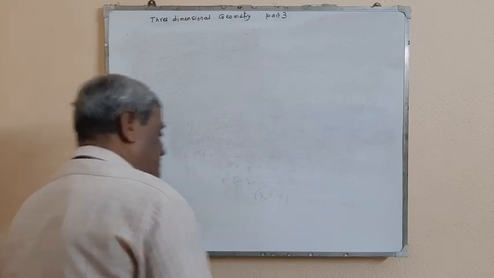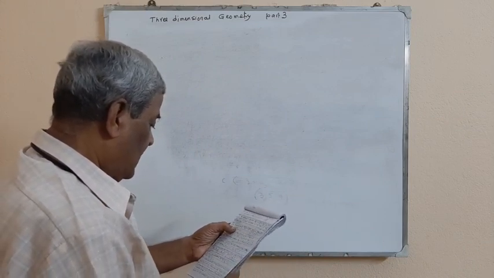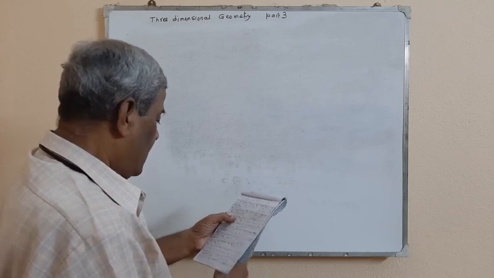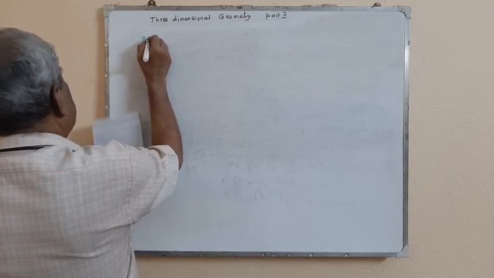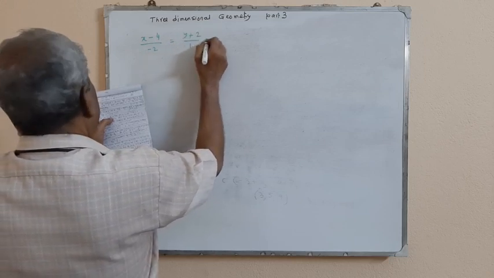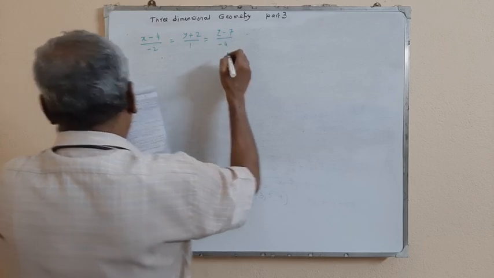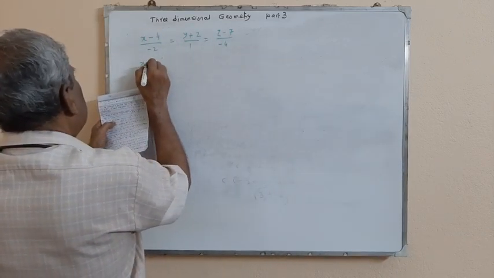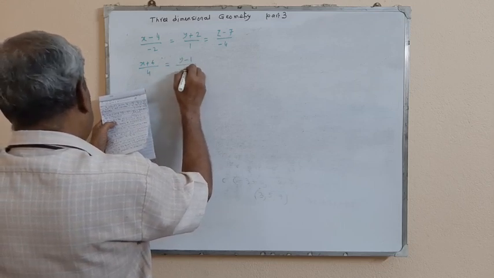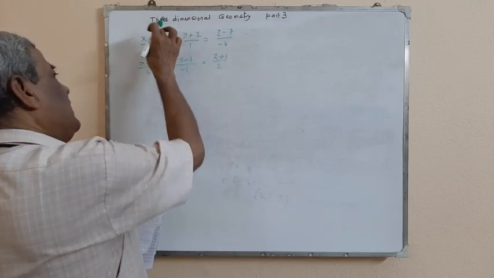So next problem is: the point of intersection of (x minus 4)/(minus 2) = (y plus 2)/1 = (z minus 7)/(minus 4), and (x plus 6)/4 = (y minus 1)/(minus 1) = (z plus 1)/2. What is the point of intersection of this straight line and that straight line?